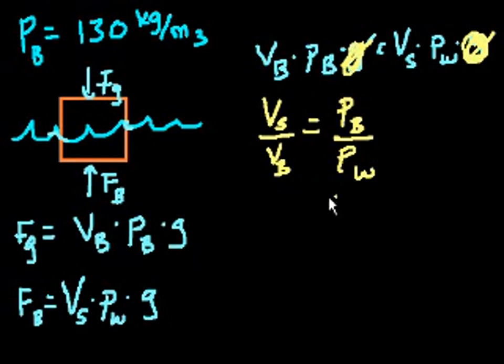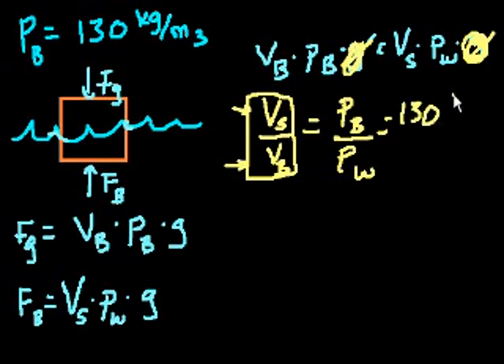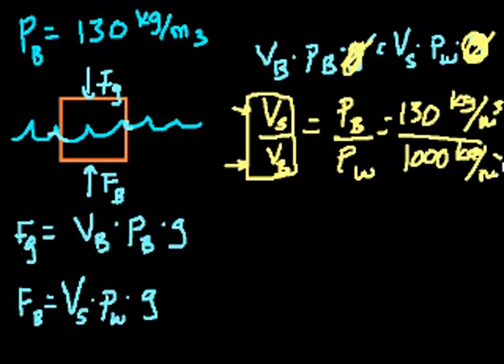And now we're ready to solve our problem. Because my original question is what percentage of the object is submerged? And so that's exactly this number, right? If we say this is the volume submerged over the total volume, this is the percent submerged. And so that equals the density of balsa wood, which is 130 kilograms per meter cubed, divided by the density of water, which is 1,000 kilograms per meter cubed.